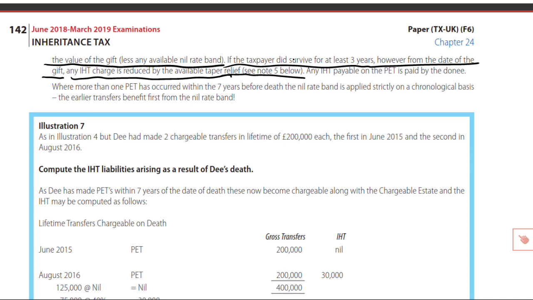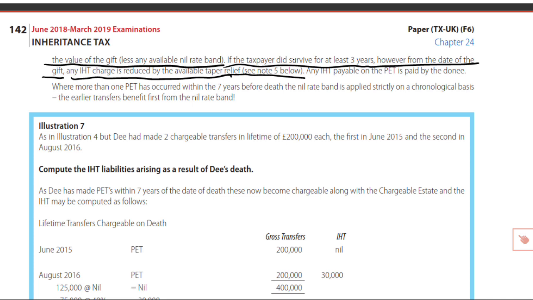Obviously, such bad luck for the individual, but bad luck for the individual who received that gift 6 years, 360 days before the death now of the taxpayer. Because that's within 7 years, it would become chargeable. It would seem harsh, therefore, for a full tax charge to arise where that individual so nearly made it to more than 7 years from the date of death.